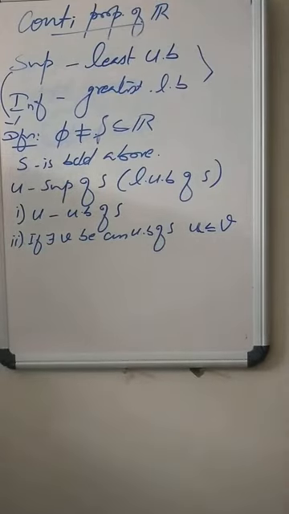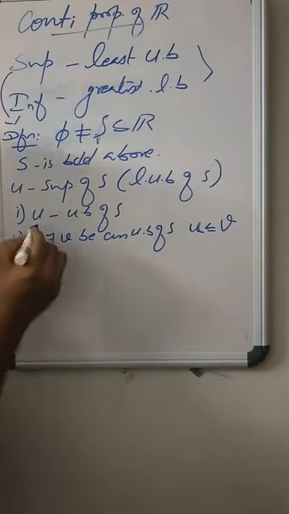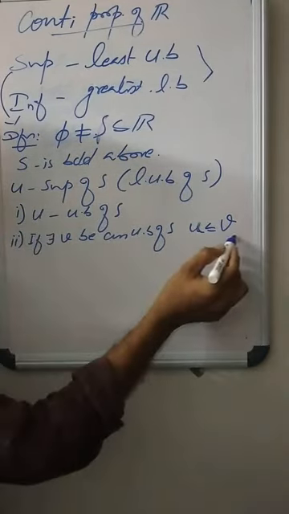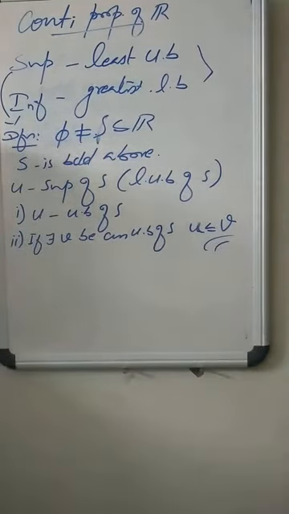If v is another upper bound, then u is said to be a supremum only when u is less than or equal to v itself.